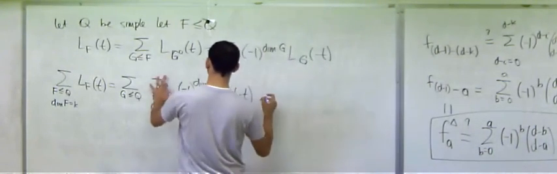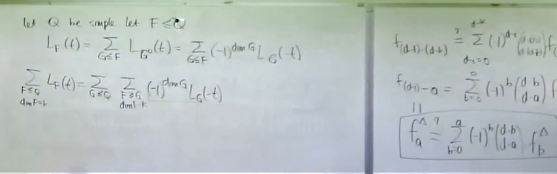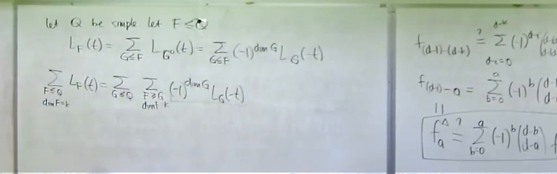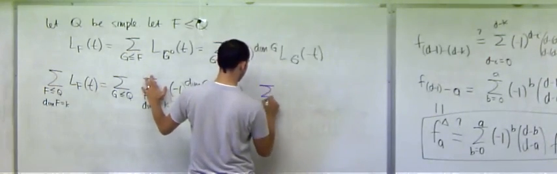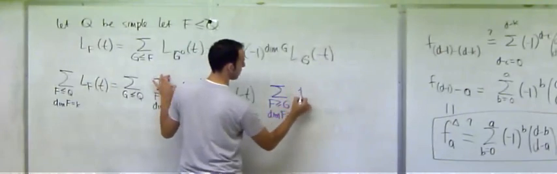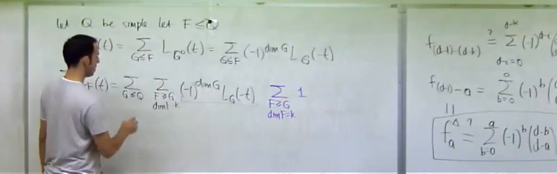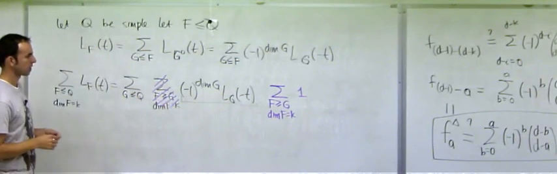So I'm just going to take this summation and put it out here. And now it's just a summation of 1. There's nothing there anymore. Okay? And it's gone from here. Okay?